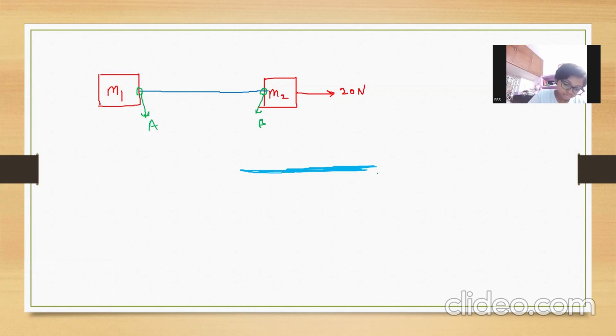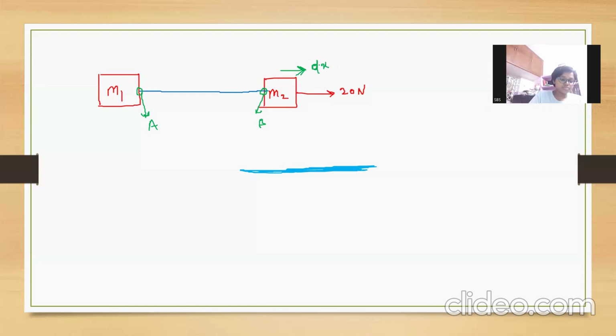Clear? Now, this block is the M2 block. If this block is moving to the right, for example, it displaces a little bit, let us suppose dx.